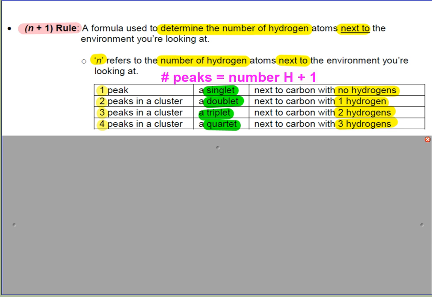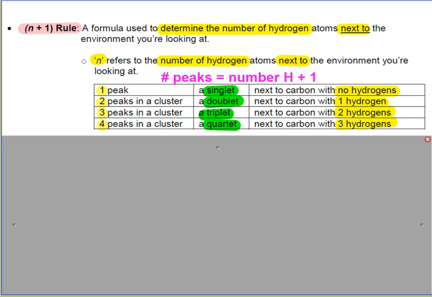So for example, if you have an environment you're looking at that is next to a carbon that has no hydrogens at all, the value for hydrogens would be 0 plus 1. That means you're going to produce 1 peak. We would call that a singlet.